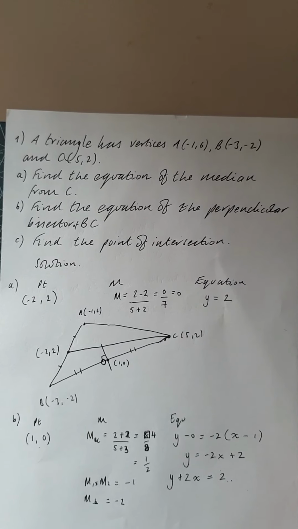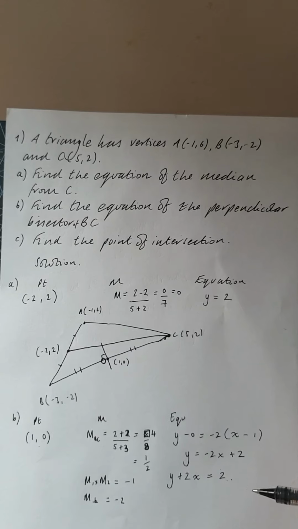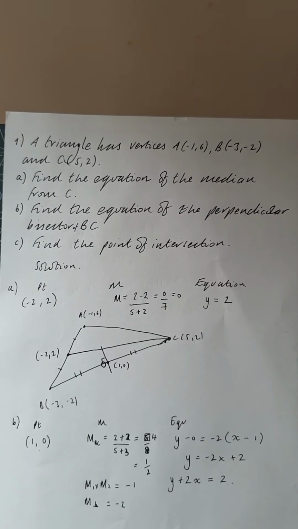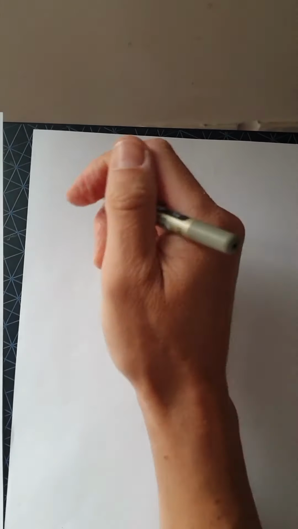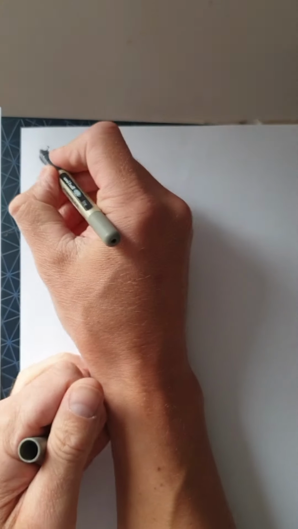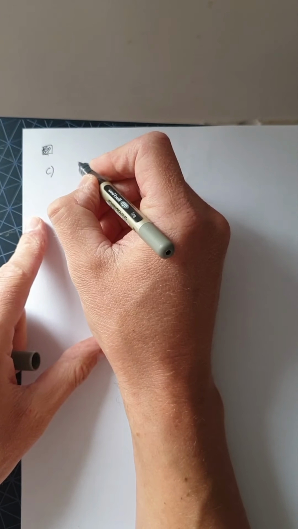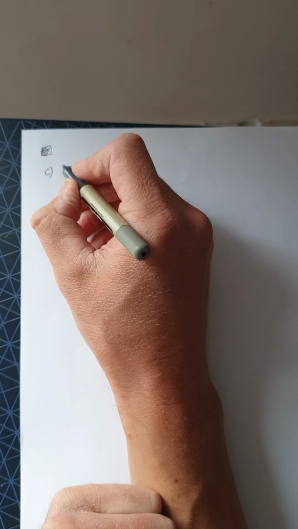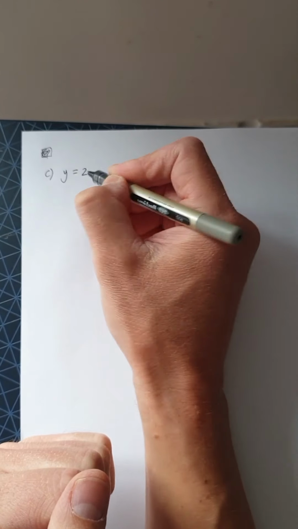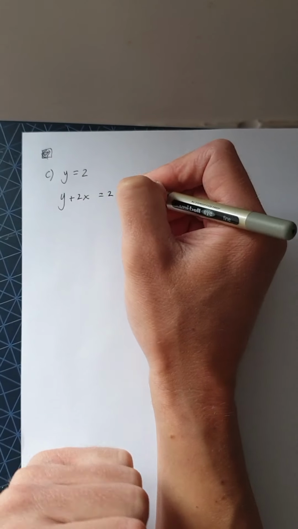Okay, so finishing it off with part C, we've got to find the point of intersection of the two lines. Okay, so the two equations I'm dealing with for part C are y equals 2 and then y plus 2x equals 2.